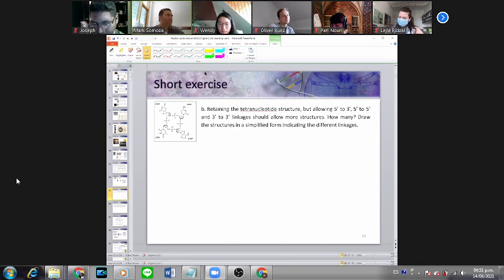So let's see. We start out with ACGT. So the original molecule, or the original directions of the bonds. So again, the arrow represents 5' to 3'. So let's just stay first with this particular orientation. So ACGT.